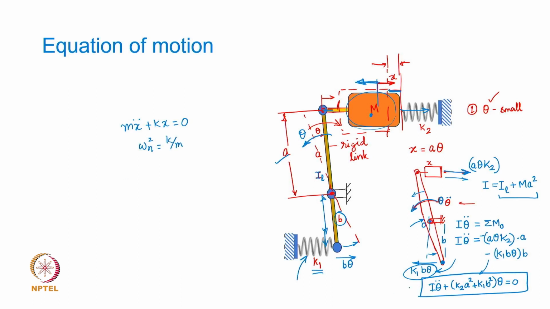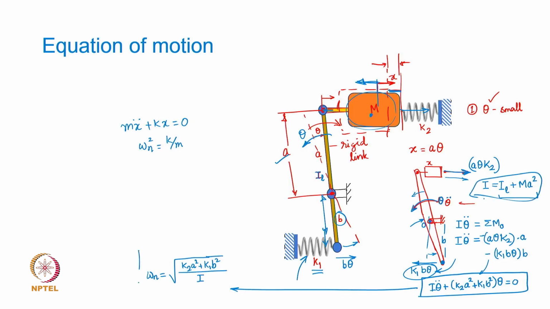And on similar lines, if this is the governing equation of motion, then the corresponding natural frequency in the angular motion of this particular linkage is going to be square root of (k2 a square plus k1 b square) over I, where I is given by this value.